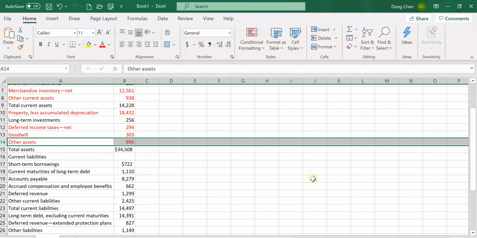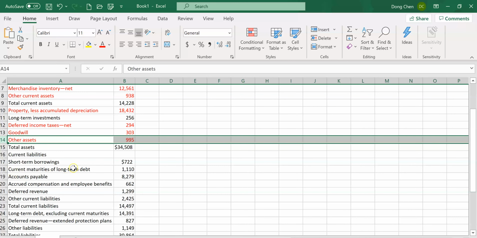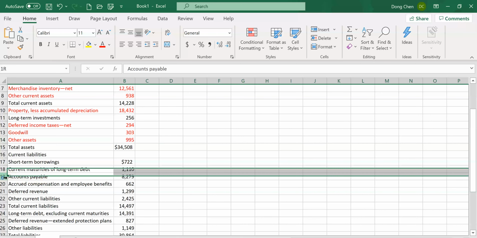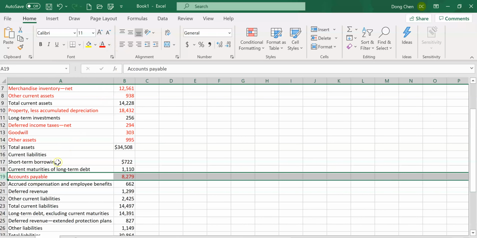And for the liability side, short-term borrowings, this is obviously financing related, so this is non-operation related. And current maturities of long-term debt, this is also financing related. And accounts payable, this is operation related.